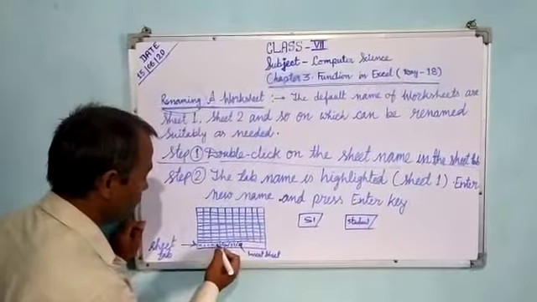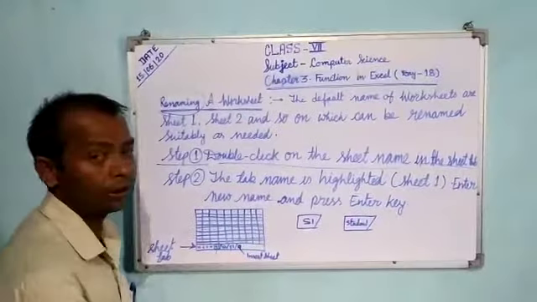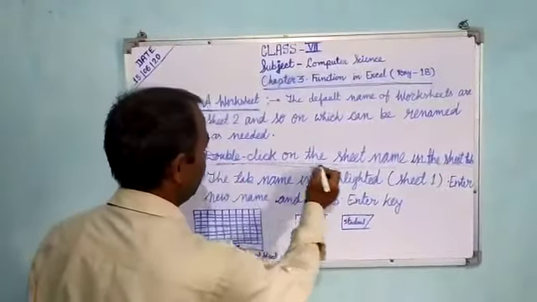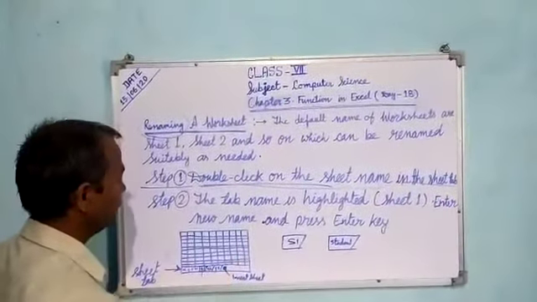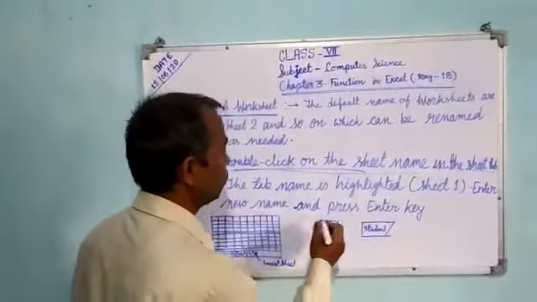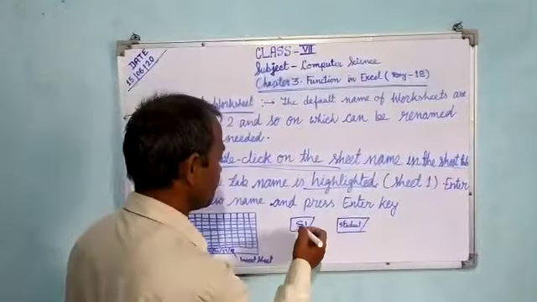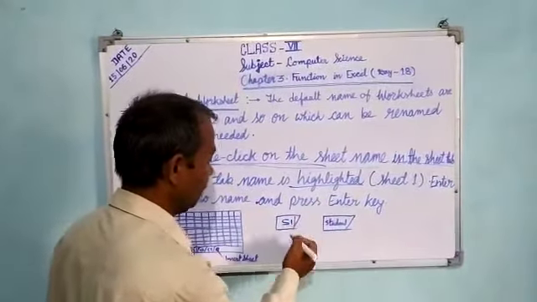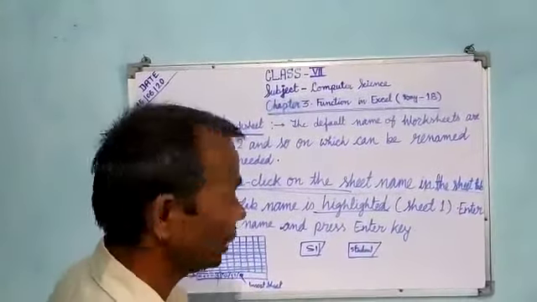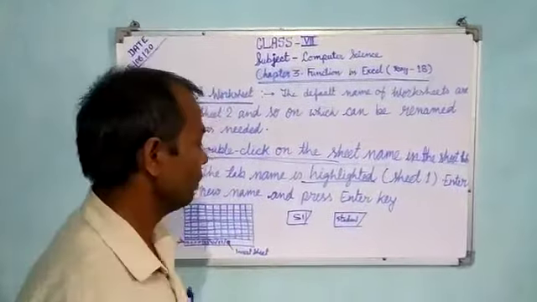Whenever we have to change, suppose Sheet 1, put the mouse pointer here and double click on the sheet name. Whenever we double click here, it is going to be highlighted. After it is highlighted, a cursor comes here, and you can delete the initial name, Sheet 1, and write whatever you want.